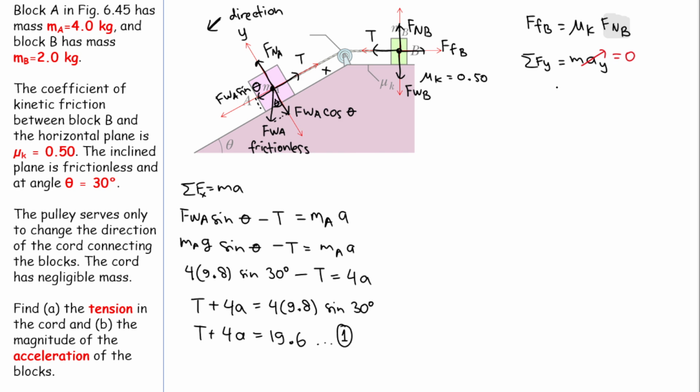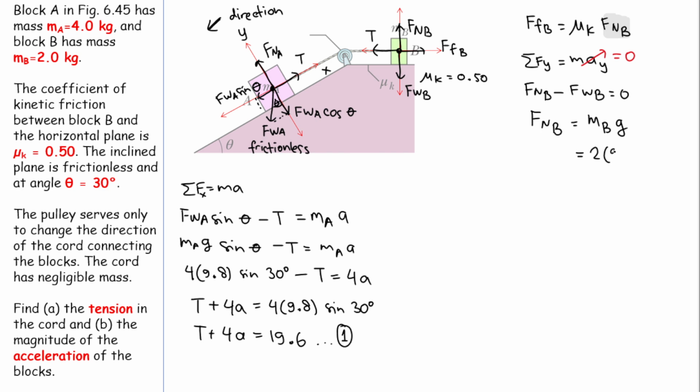So we will have the positive one, FNB minus FWB, and that will equal 0. And we can isolate for FNB, which will equal FWB. But that is the mass of B times G. What is the mass of B? 2 kilograms.